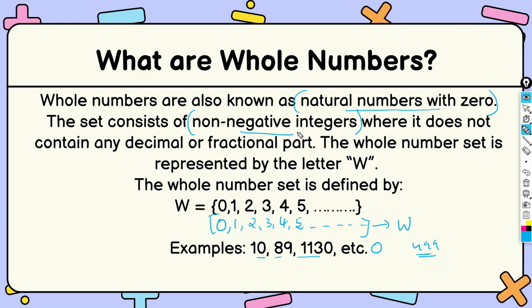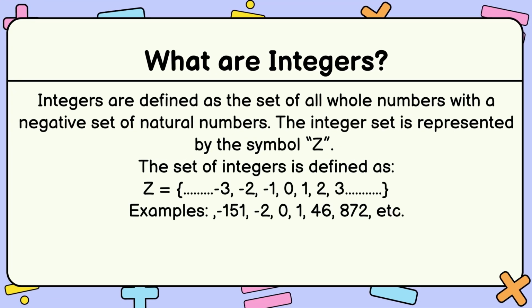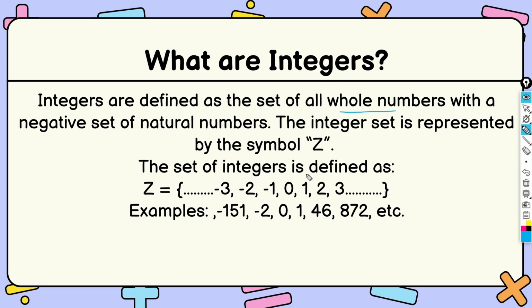We will see now. What are integers? Integers are defined as the set of all whole numbers with a negative set of natural numbers. What are whole numbers? Numbers from 0 to infinity are called whole numbers.